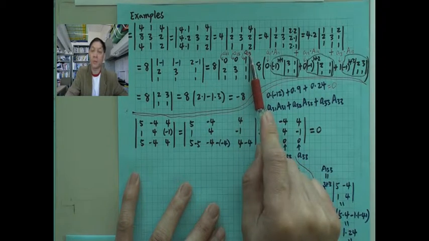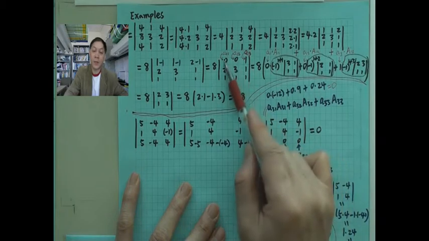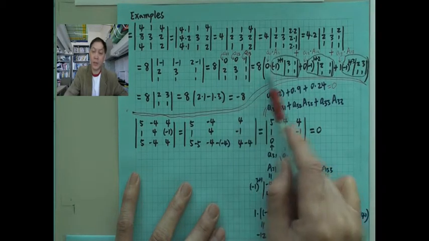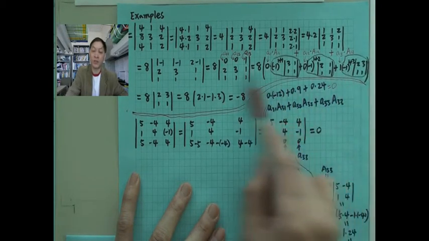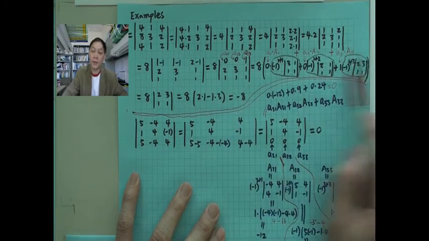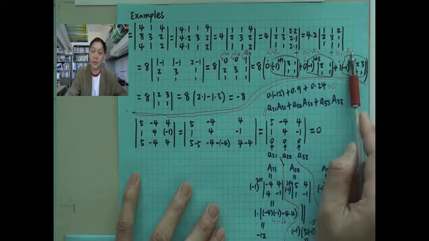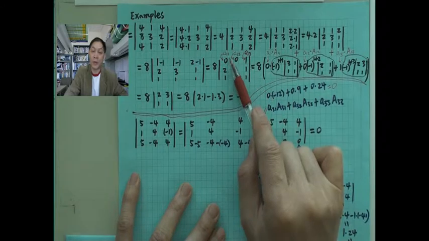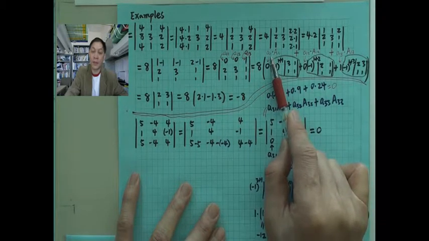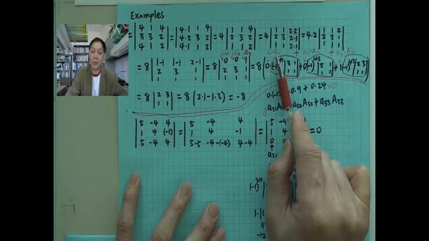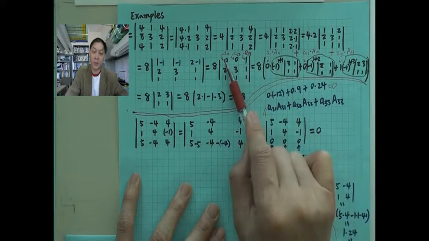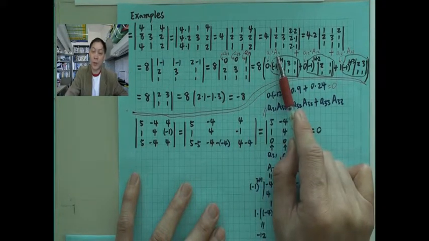The determinant of this matrix can be expanded along the first row, and that's the definition. That should be little a11 times capital A11, where little a11 is this element and capital A11 is the cofactor.